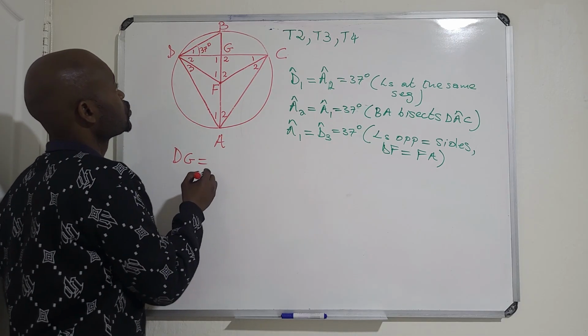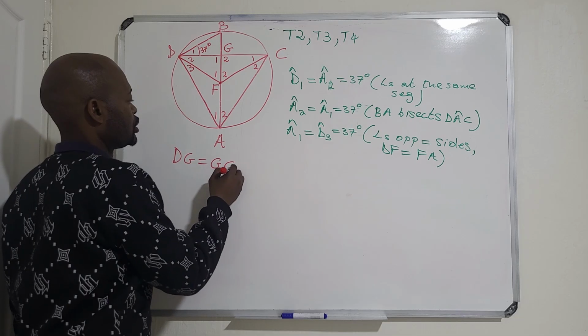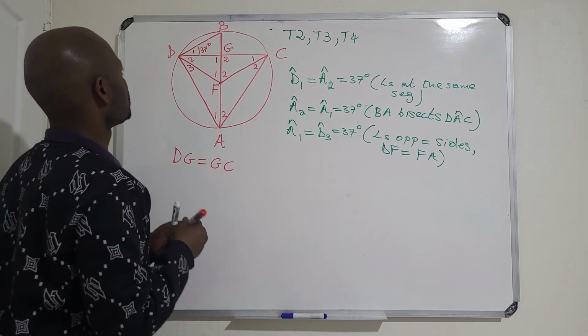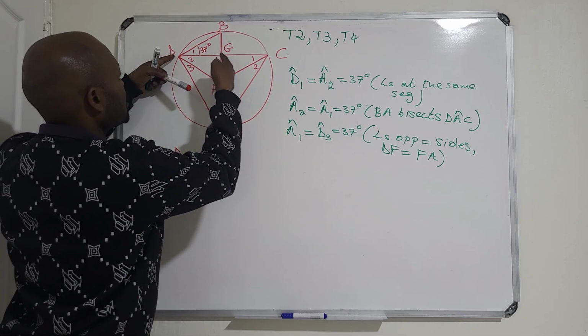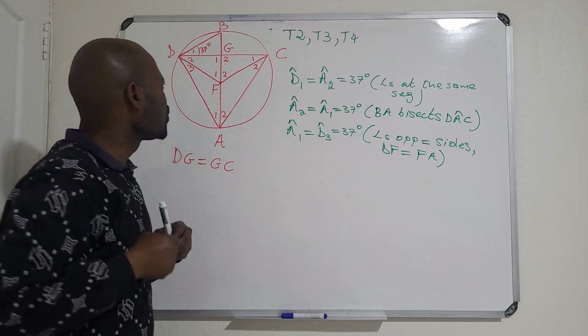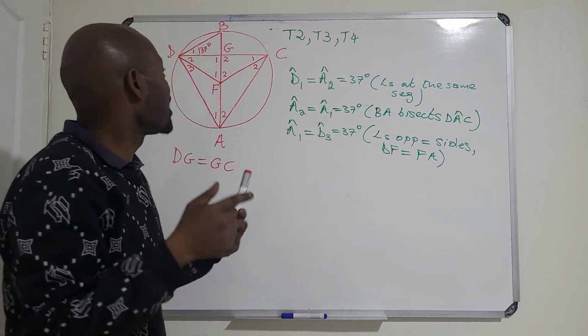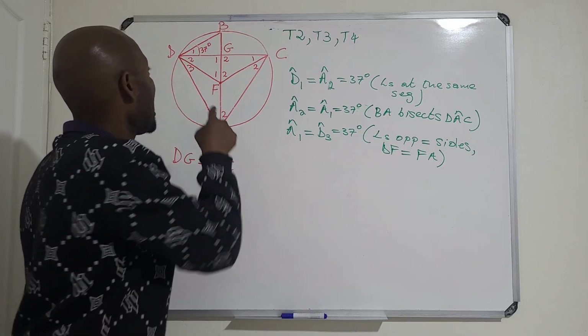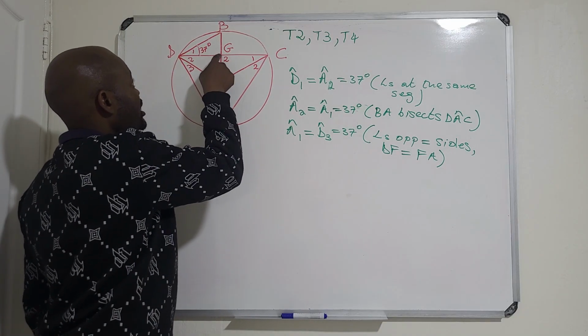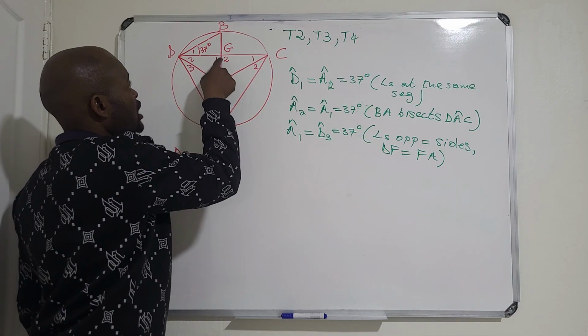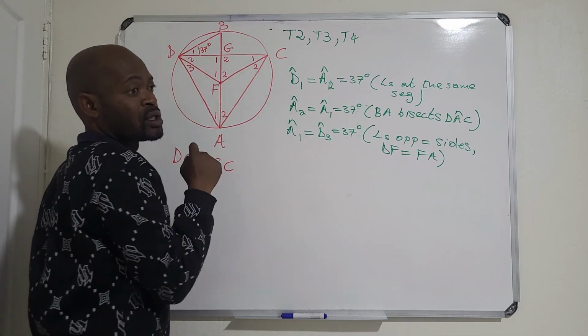Now we must prove that DG is equals to GC. So it means that we must prove that this is equals to that. And how can we prove that? We know that theorem number 1, a line drawn perpendicular to the chord, it means that it bisects the chord.